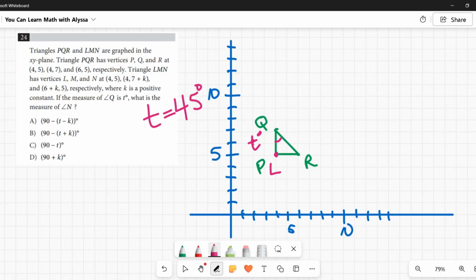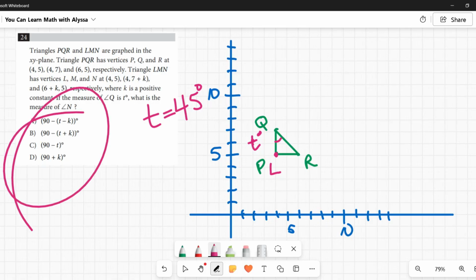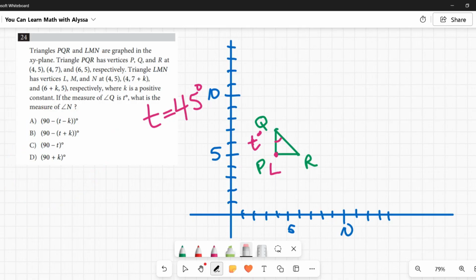Now I'm going to pick a number for K, not Q. I can pick any positive constant I want, because my answers are all in terms of K and t. So no matter what number I pick for K, it's going to come out as one of these answers every single time.